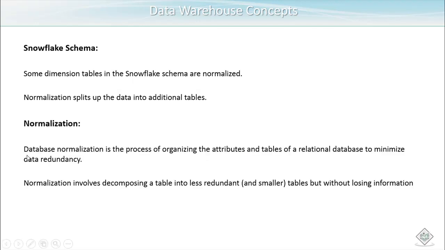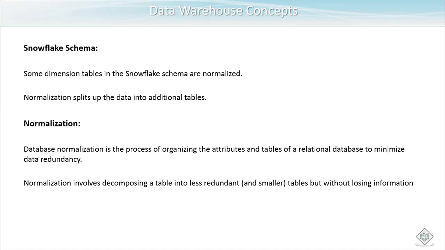After that, we have the snowflake schema. My snowflake schema is somewhat similar to the star schema, with the difference that my dimension tables are normalized in the snowflake schema. Normalization will split up the data into additional tables. Database normalization is the process of organizing the attributes and tables of a relational database to minimize data redundancy.